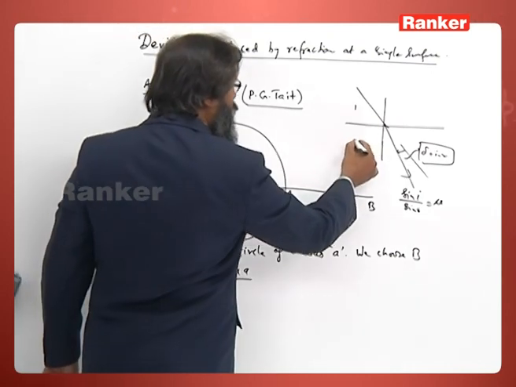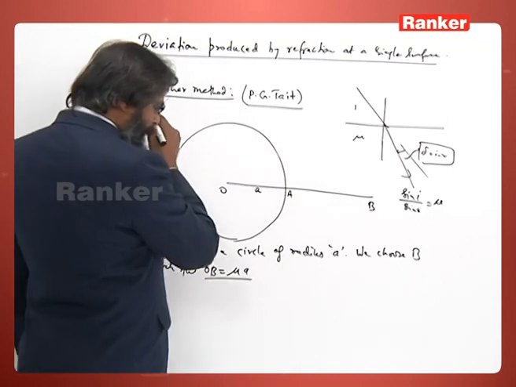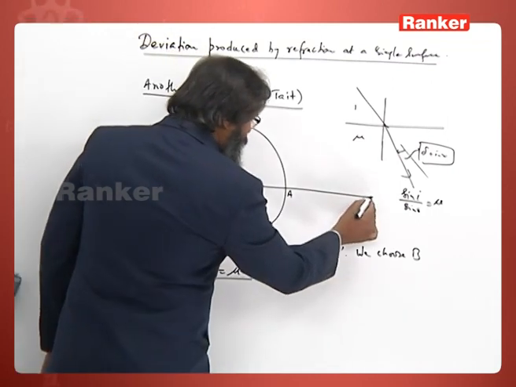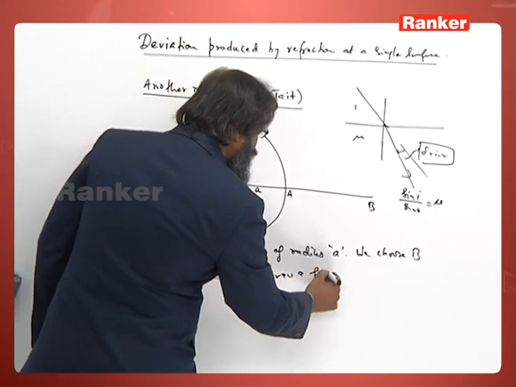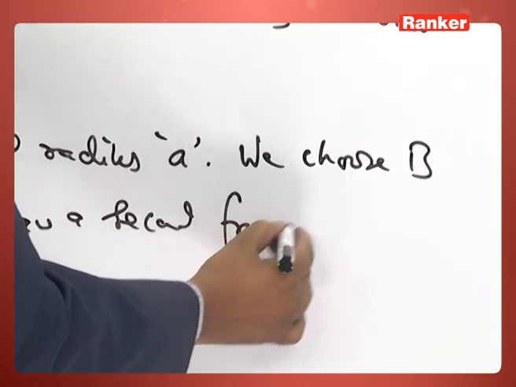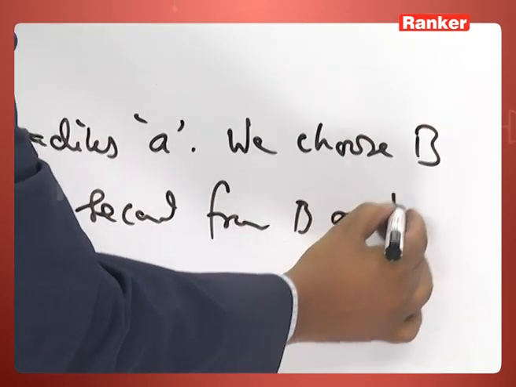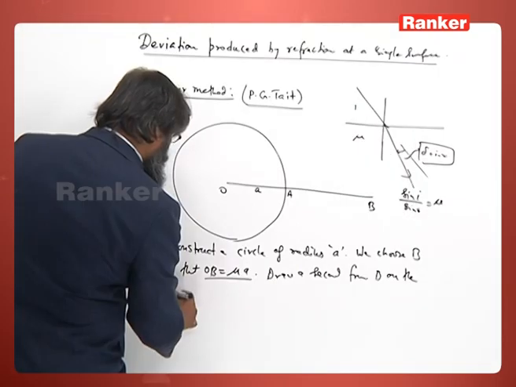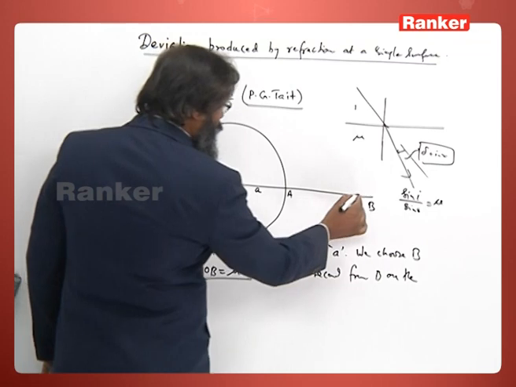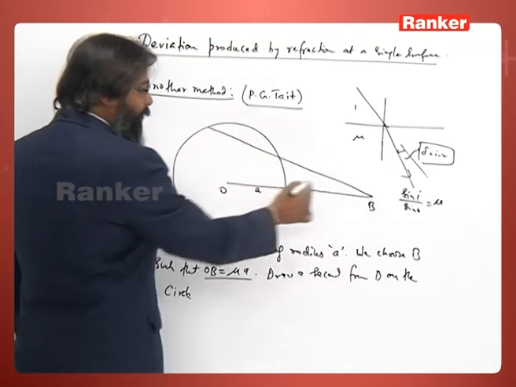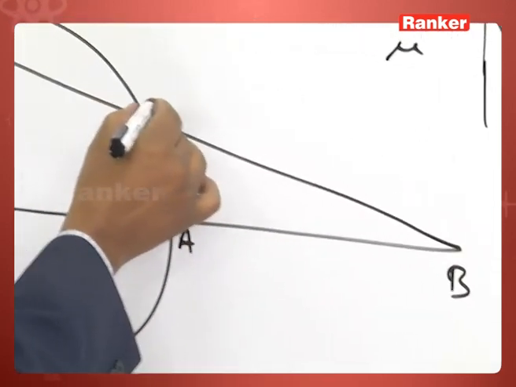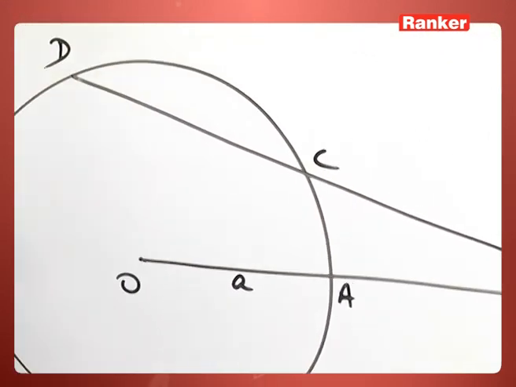Suppose this is 1 and this is medium mu. Now, draw an arbitrary line, a secant, from B on the circle. So, we have taken this circle, we have drawn a secant from B, with points C and D.